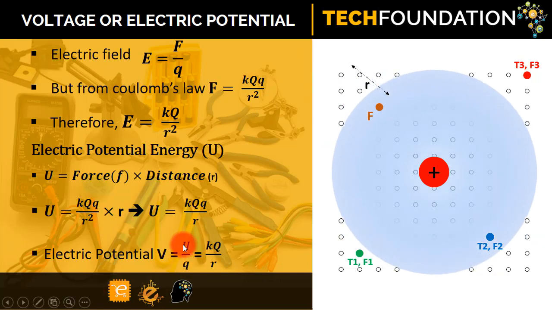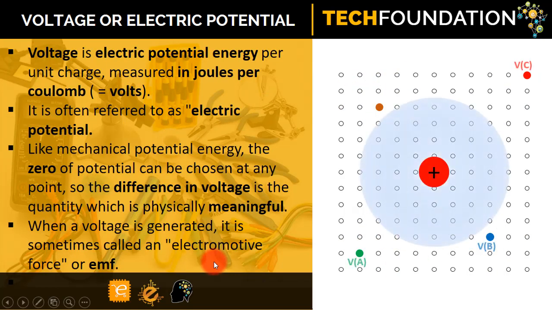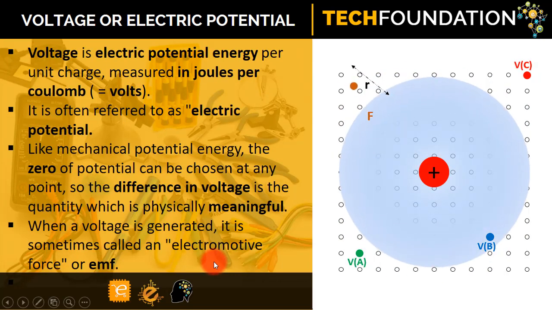So the potential energy at every point per the charge of the test charge that has been placed there. And you know that results in a new formula. We get this new expression, K times Q over R. And this K times Q over R is what we call voltage or electric potential.